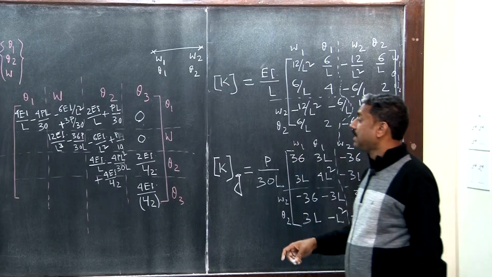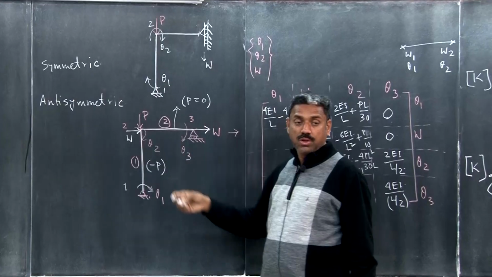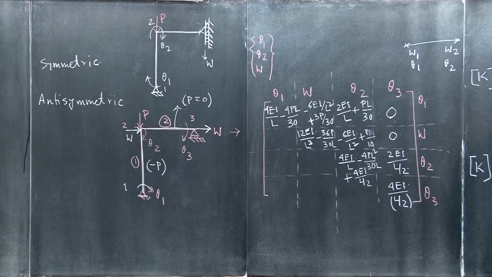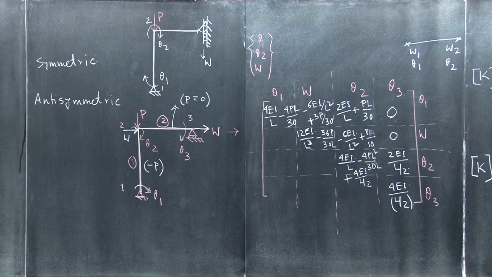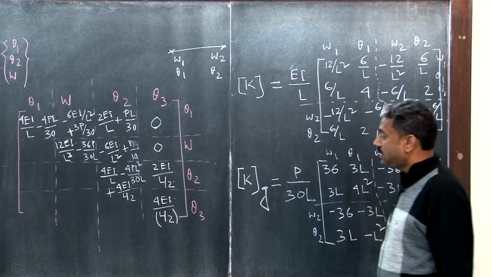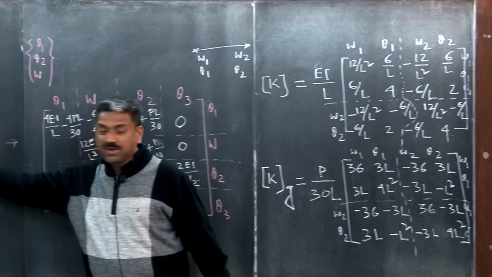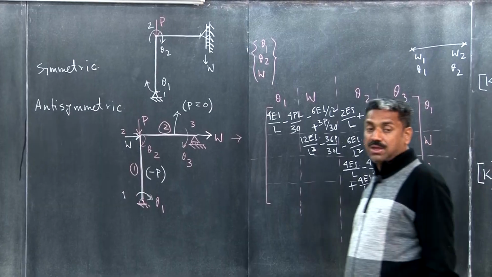But it will also be contributed by member 2. For member 2 there is no axial force, so there is no contribution of the geometric stiffness matrix. But the contribution of the material stiffness will be there, so 4EI by L is still there, but instead of L it is L by 2, because this is L by 2. So this is the way we did.